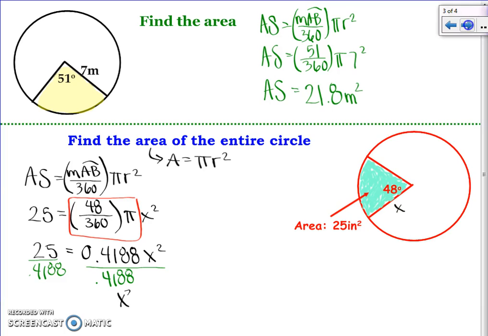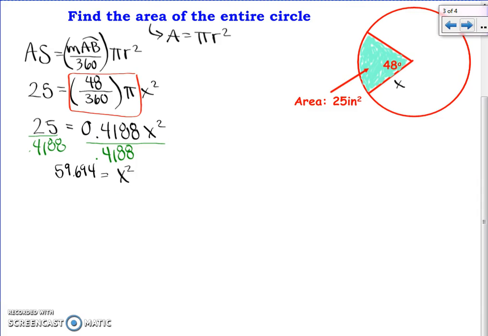So now we have x squared equals 59.694. And then the last step. Square root it, yep. That's our radius. So 7.7?